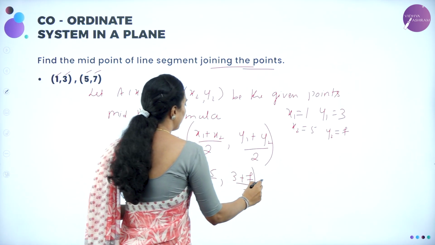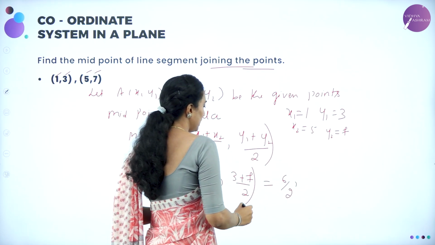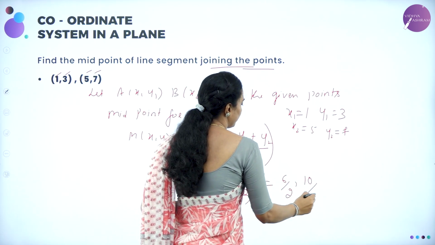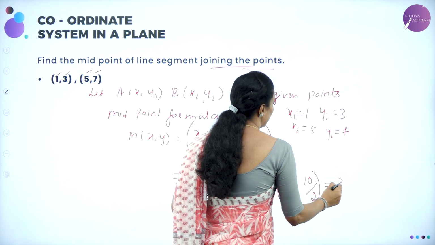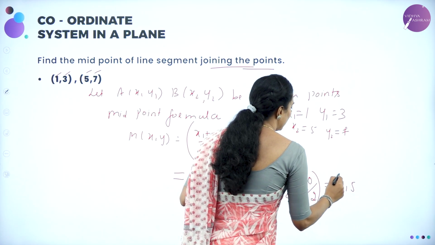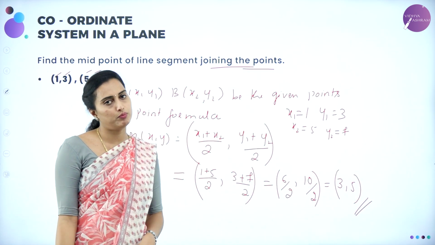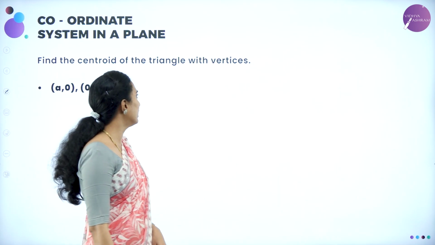So the answer you are going to get is 5 plus 1 is 6 by 2, comma 3 plus 7 is 10 by 2, which is equal to 3, 5. So 2 3s are 6, 2 5s are 10. Is that easy, dear students? So 3, 5 is the midpoint of the given points. Okay. We'll be moving on to the next problem.